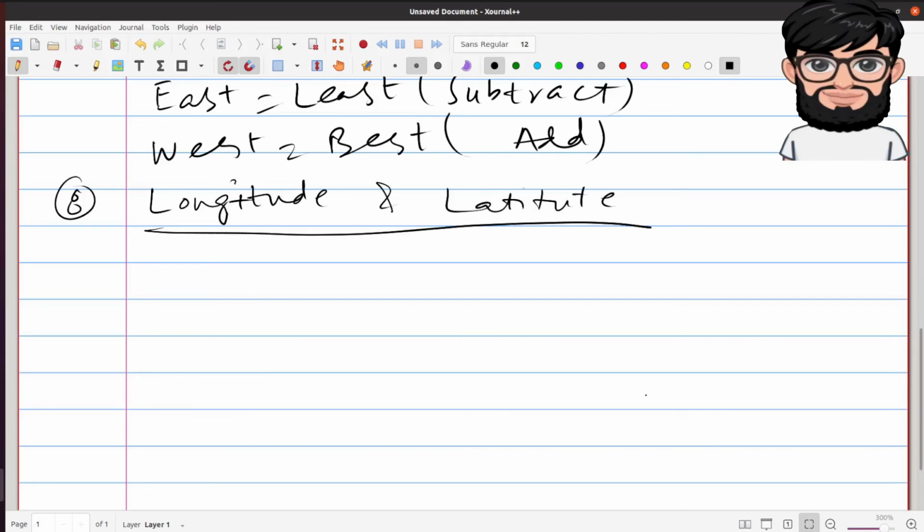So the parallel lines of the equator are going to be the latitude, and the perpendicular ones, from north to south, are going to be the longitude on the globe.